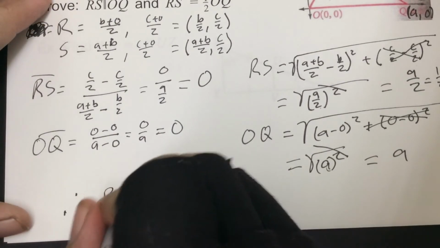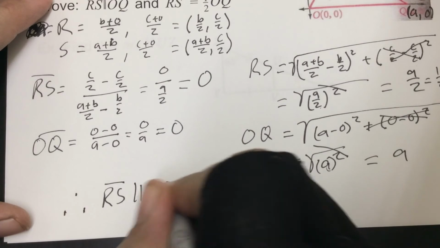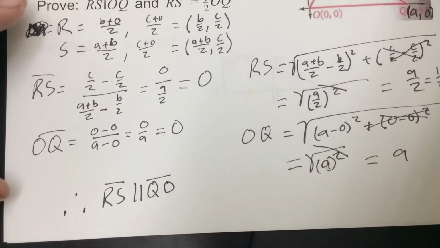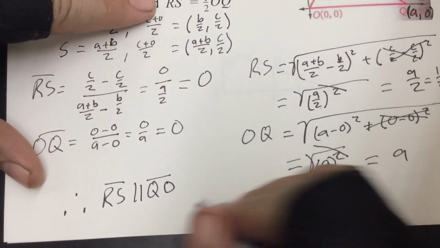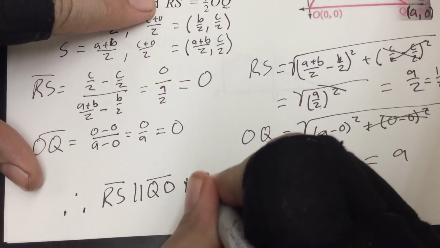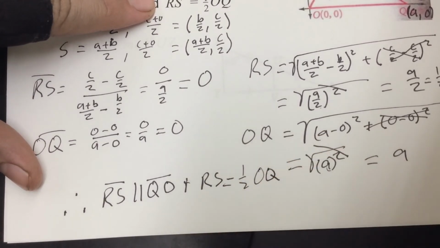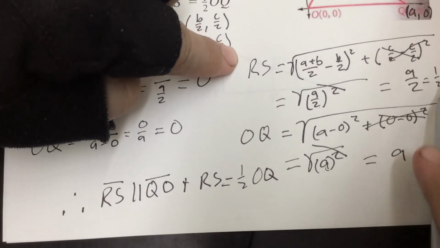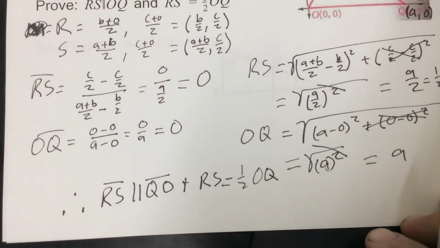So we know RS is going to be parallel to OQ, or QO. We showed that by showing that these two both have the same slope of 0. The other part of this: RS is going to equal 1/2 of OQ, which we showed over here. RS was half of A, OQ is A, so that's half of it. And there's our coordinate proof.